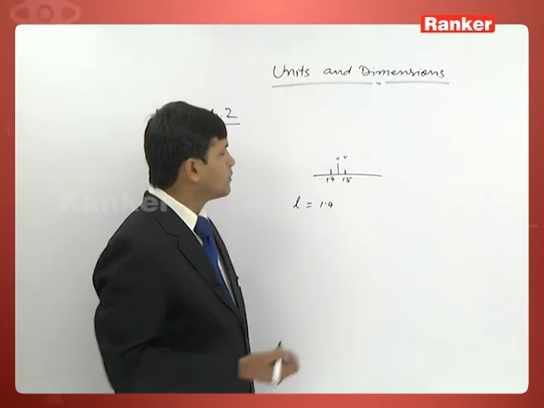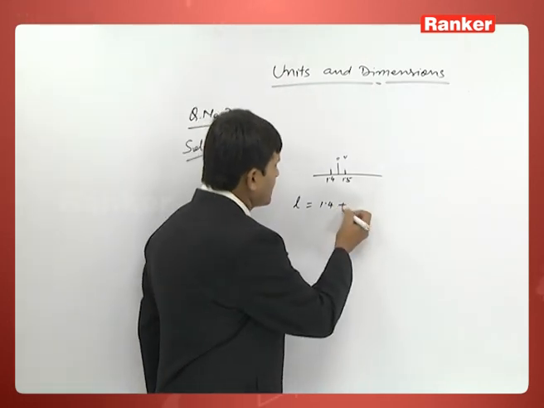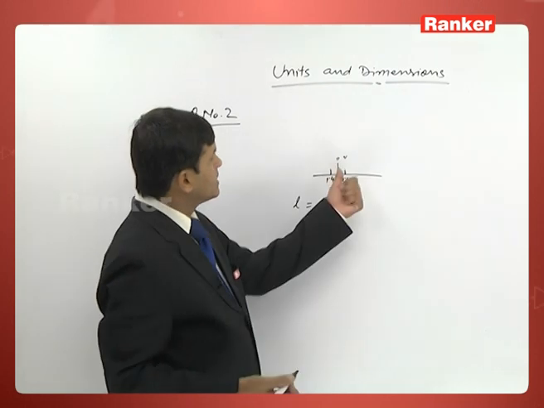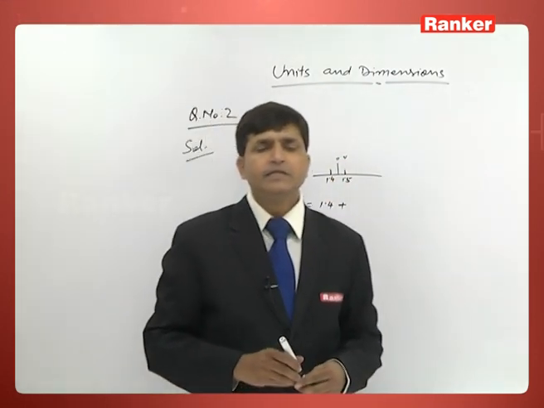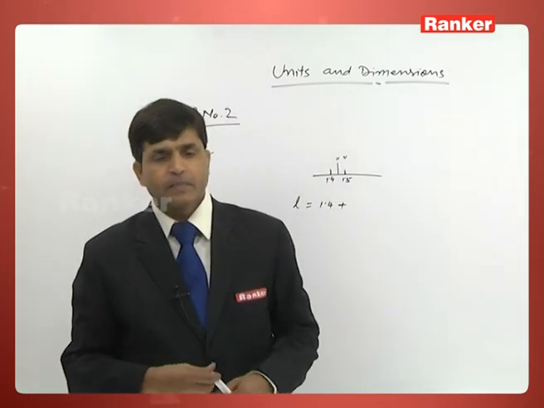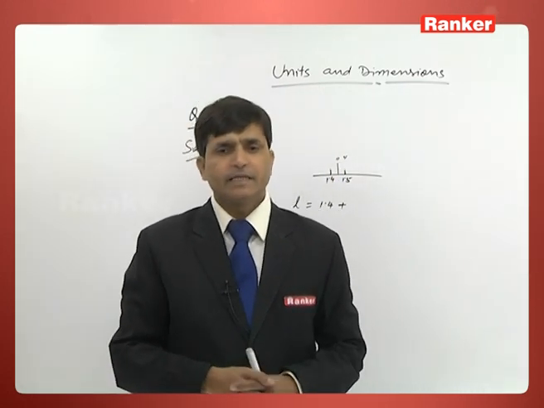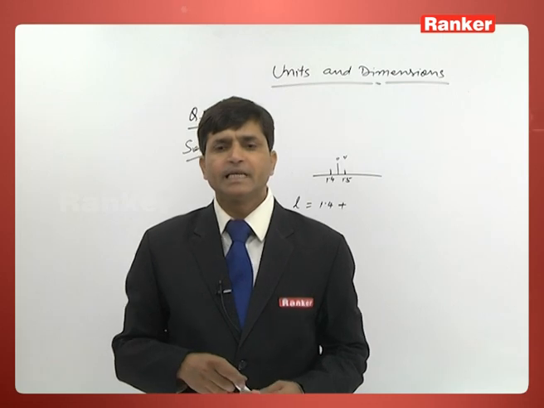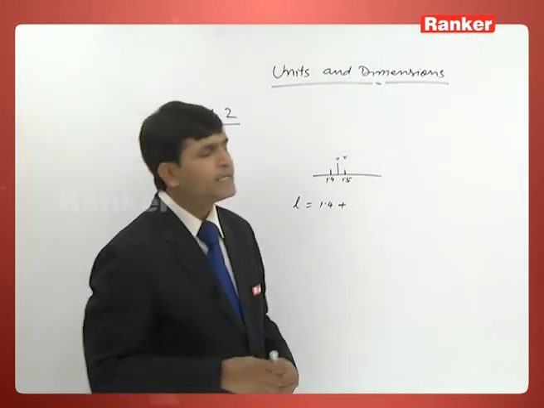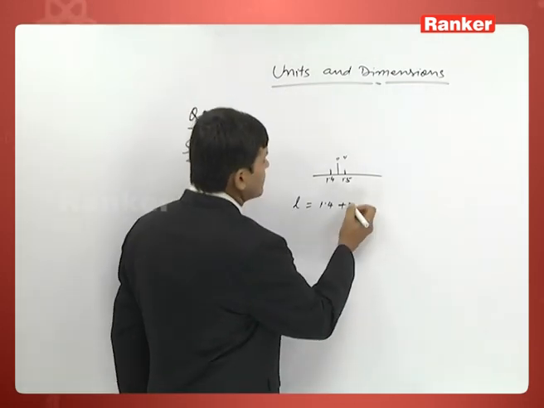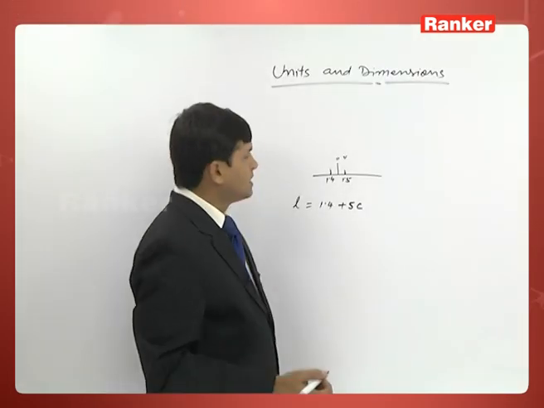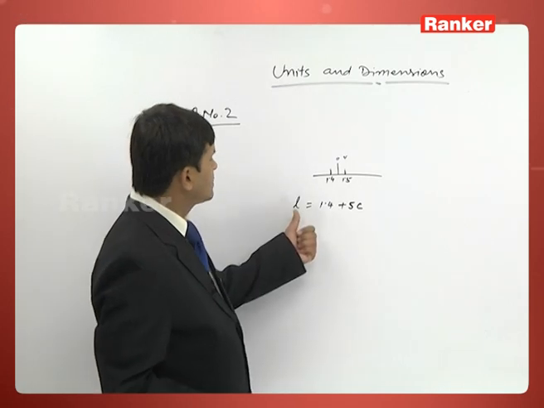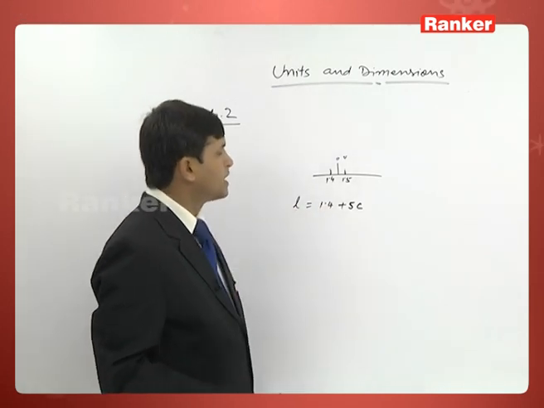So 1.4 plus. After that we will check the zero of vernier scale coincides with which division of the main scale. As per the given question, the fifth division coincides with the main scale division, so 5 into least count C. So this is the actual reading. L is equal to 1.4 plus 5C.